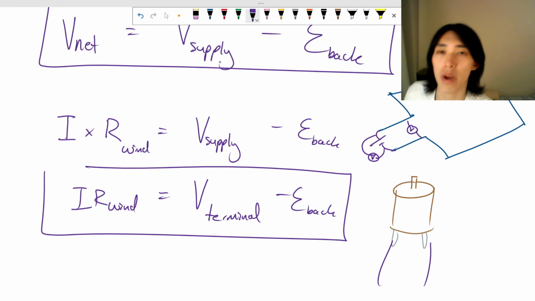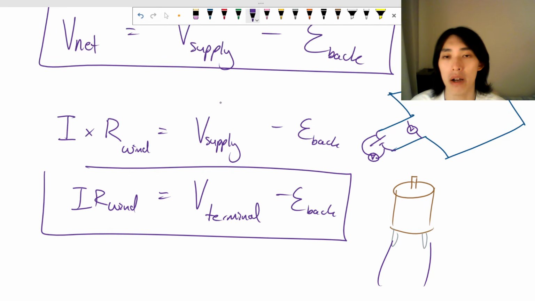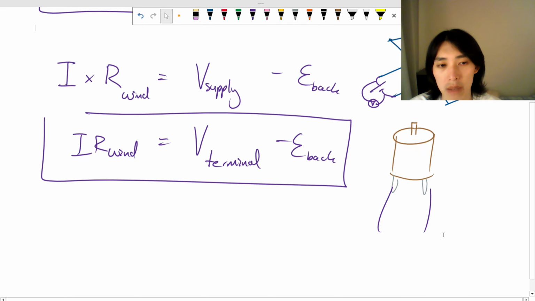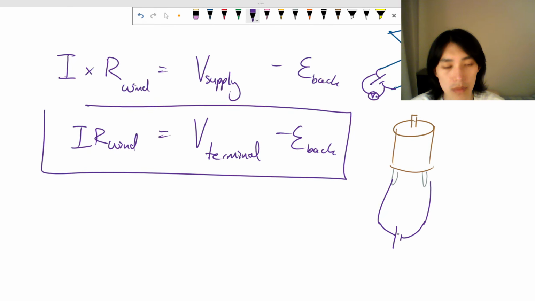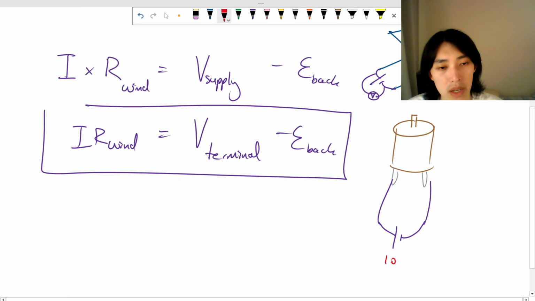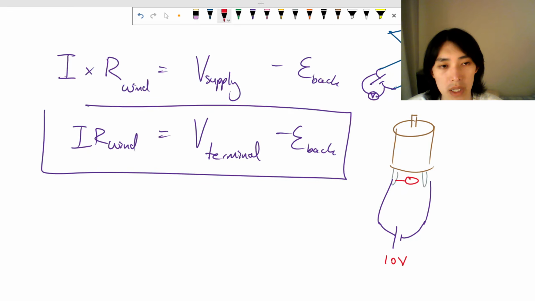Now let's quickly explain why V supply and V terminal are very related and mostly the same, although not theoretically purely identical. So if our voltage supply was 10 volts, then the voltage across our terminals should also pretty much be 10 volts. The only difference is if we consider that these wires have some voltage drop across them because there's some resistance in these wires, so we model this as a resistor.